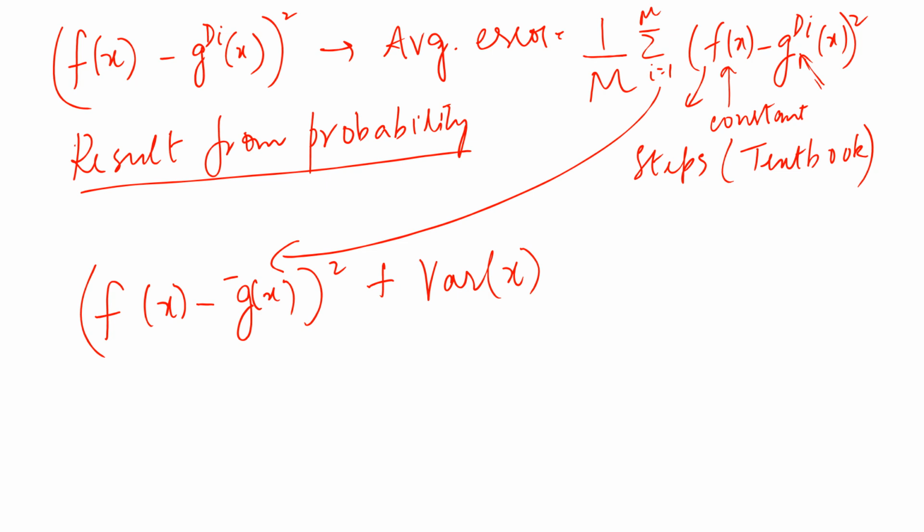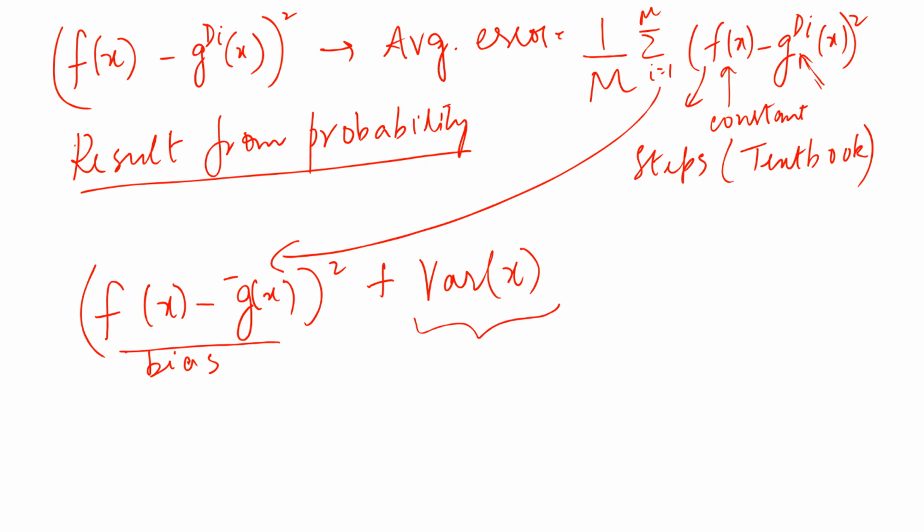Eventually we come down to f of x minus g bar x squared plus the variance of x. Now this term specifically is the bias. If you remember the picture that we saw, it is how far apart my final g, the average predicted value, is from the actual f of x. This is my bias, and this of course is my variance.